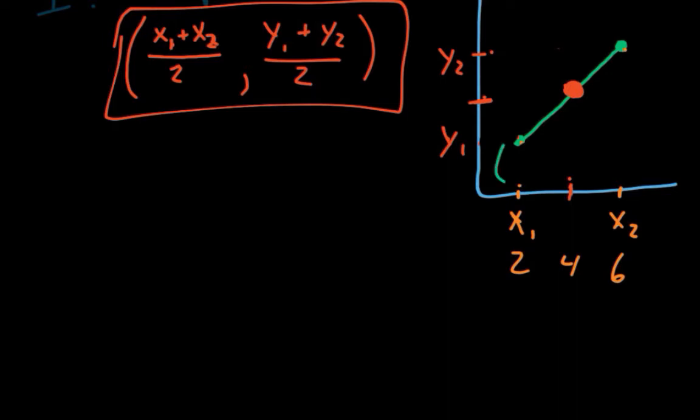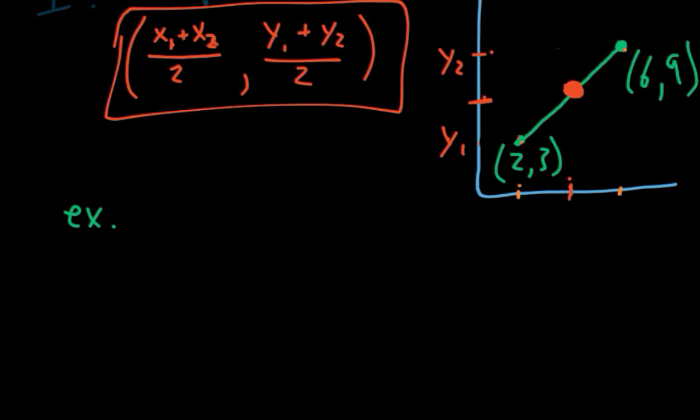If I have my lower point, I'm going to say is 2, 3. And my upper point, I already said was 6, maybe, I don't know, 9? 6, 9. If I wanted to find the midpoint of those two, if you struggle with this, it wouldn't be bad to label out your x1, y1, x2, y2.